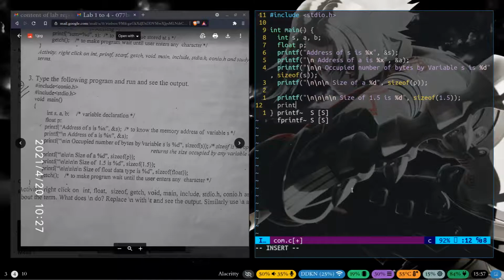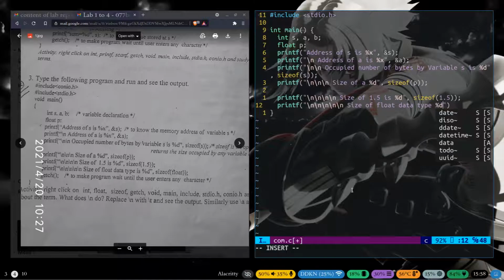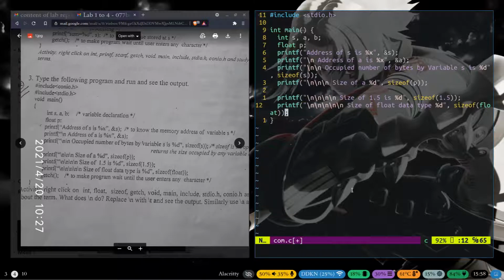Printf. One, two, three, four, five. 1, 2, 3, 4, 5. Size of float type, the size of float. Getch.